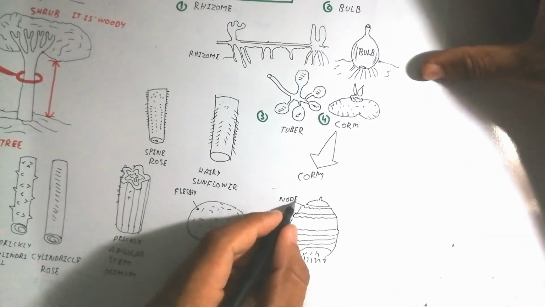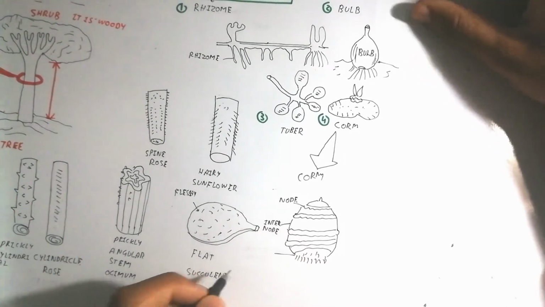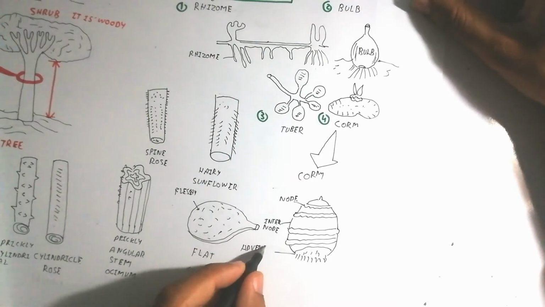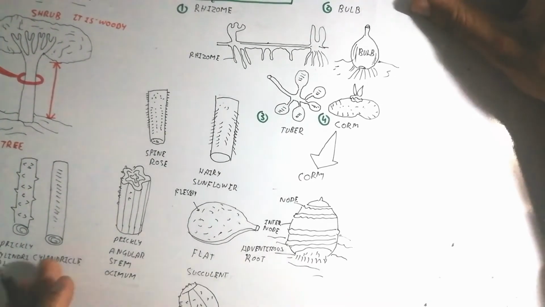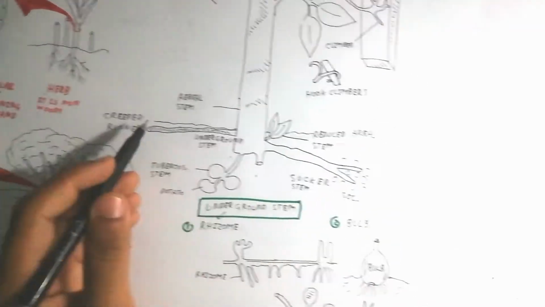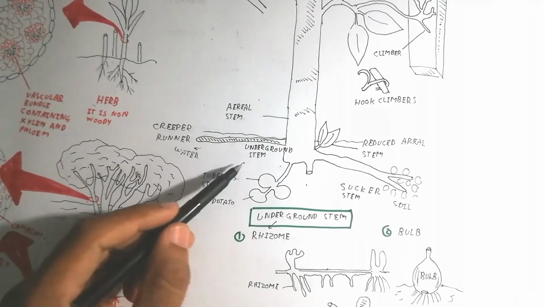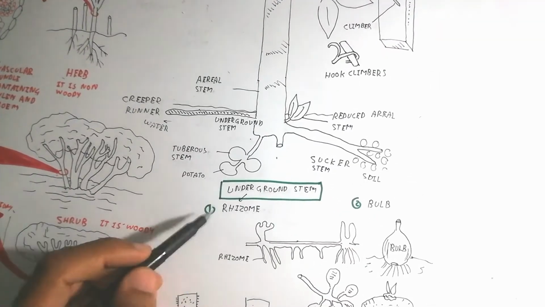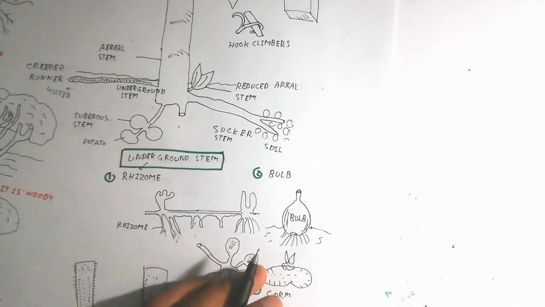Here is the tuber in the form of potato, and the corm structure. There is also a spine on the rose and the sunflower. The corm is a reduced stem with node and internode present, and the root present is adventitious root. Adventitious root means roots that arise directly from the stem.